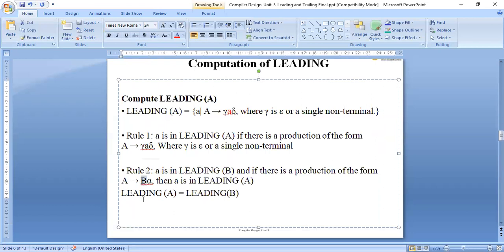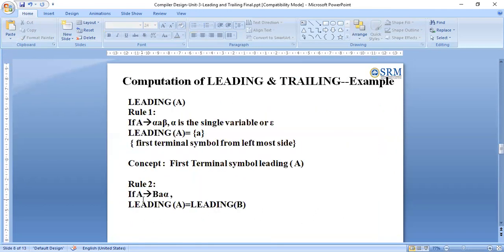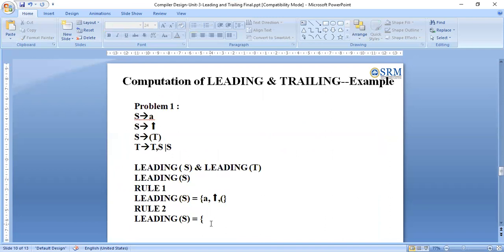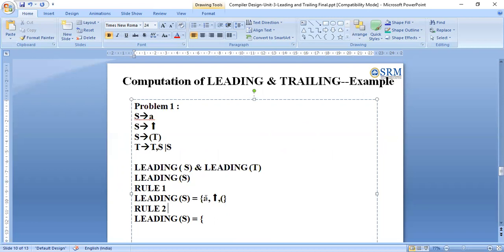If the non-terminal symbol is in the first position, we take it, else we can skip. So as per rule 2, we don't have anything. Combining rule 1 and rule 2, we get a, exponent operator, open bracket. That's it. This is for leading of S.